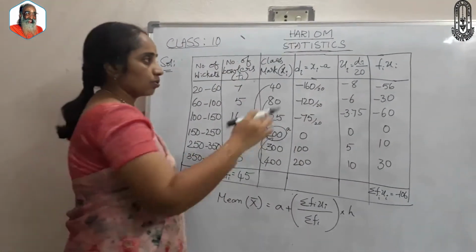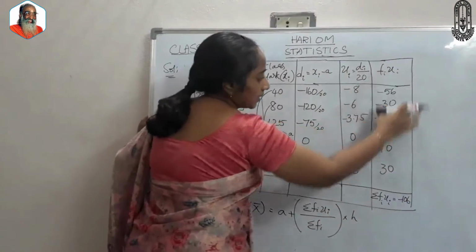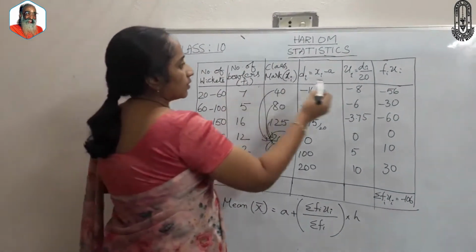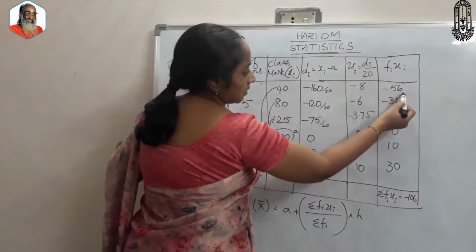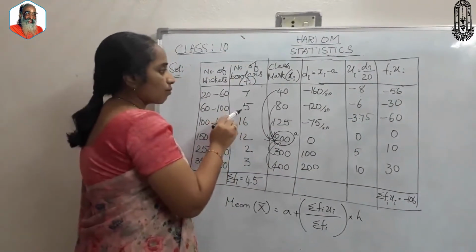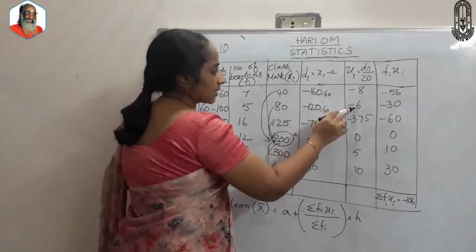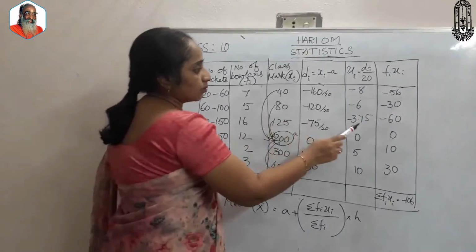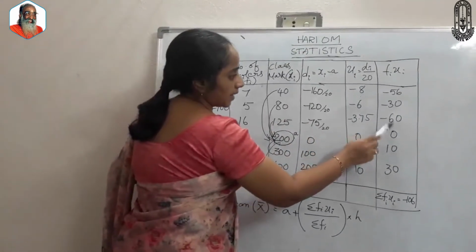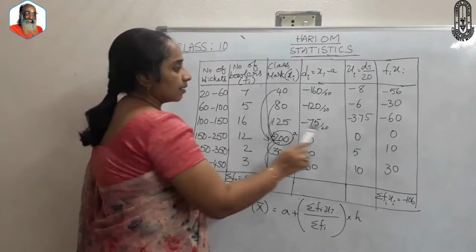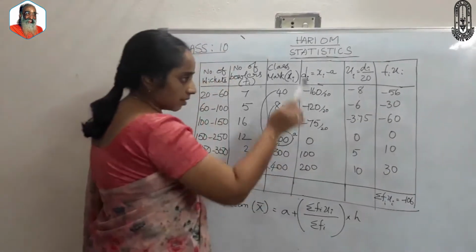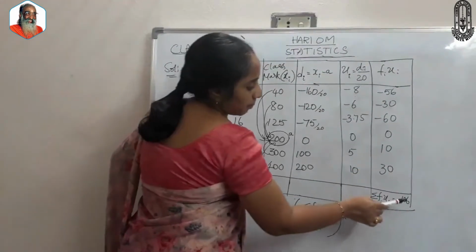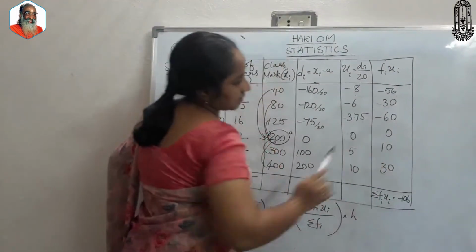Next, coming to the last column of this table, FI UI. FI 7 UI minus 8 is equal to minus 56. 5 into minus 6 is equal to minus 30. 16 into minus 3.75 is minus 60. 12 into 0, 0. So now sigma FI UI is minus 106.